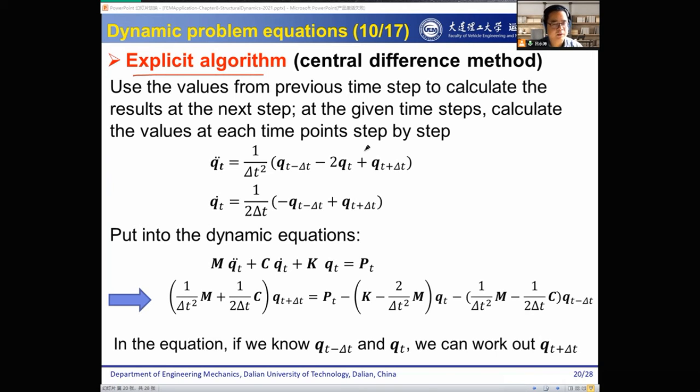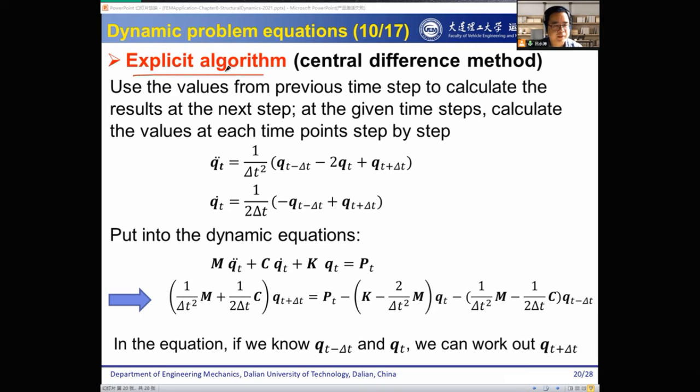At least you don't need to know all these equations, but you need to know the difference, otherwise you don't know in which case you should use explicit and in which case you should use implicit.